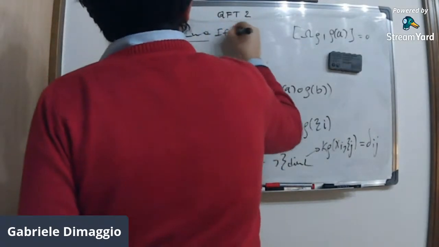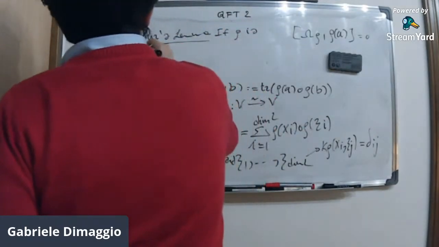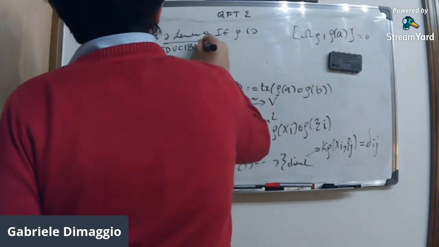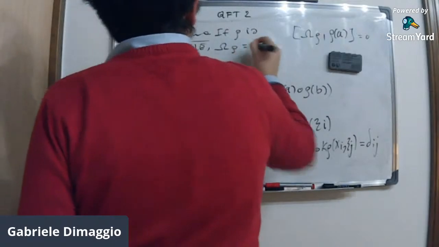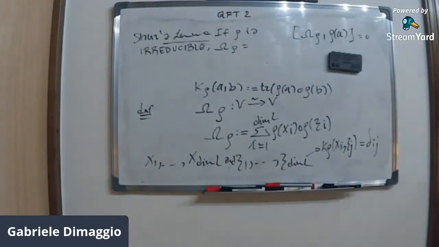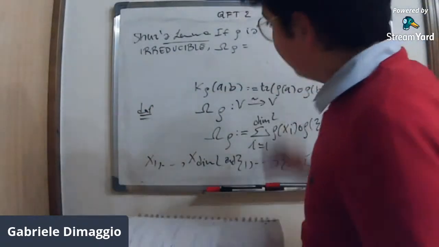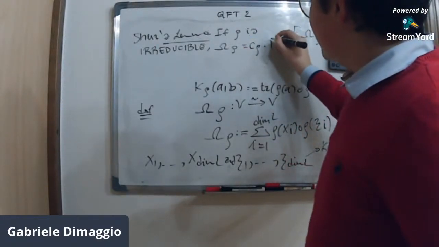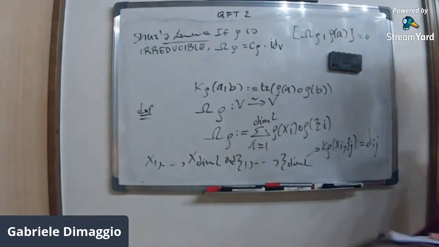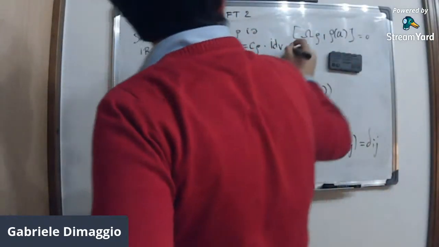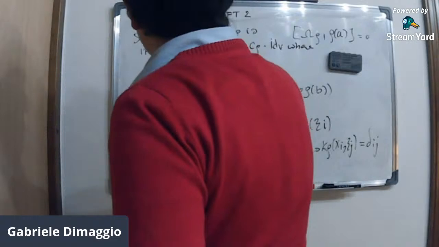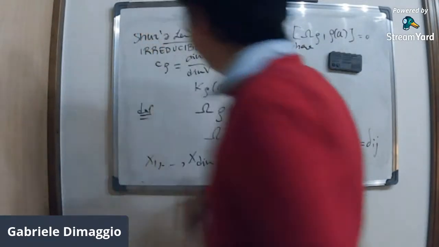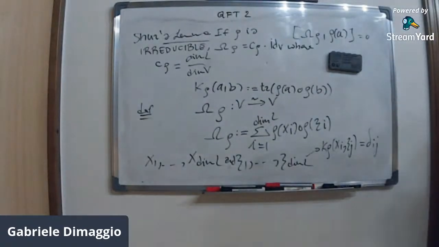If rho is irreducible, then the Casimir operator can be written as the multiplication between two elements, C rho and the identity map on the vector space V, where C rho is the quotient between the dimension of L and the dimension of V. Perfect.